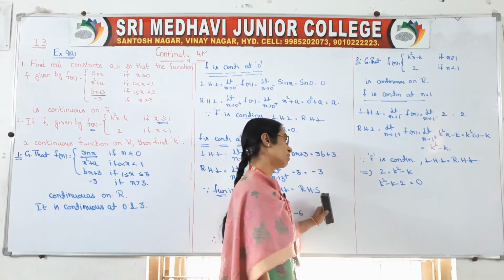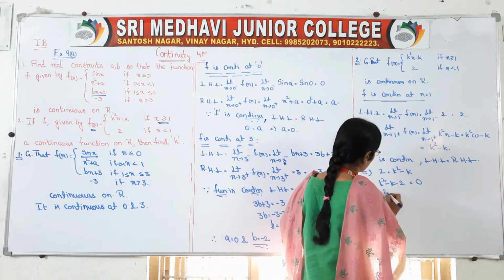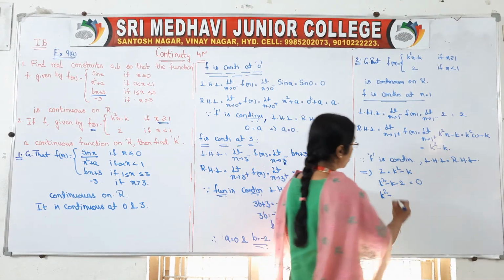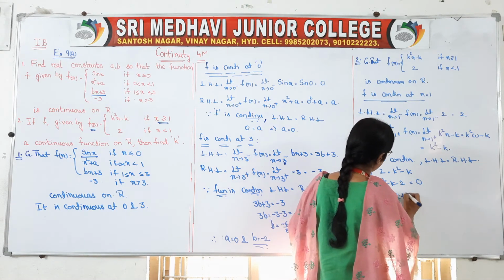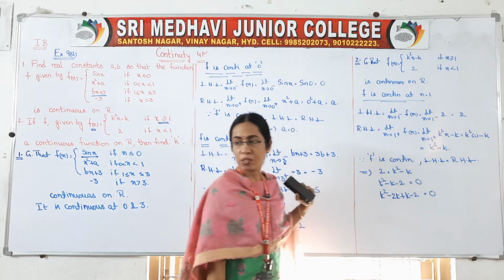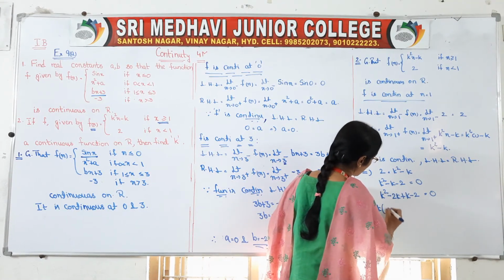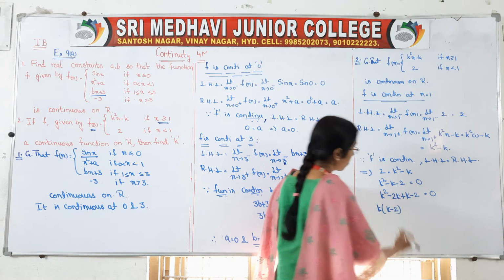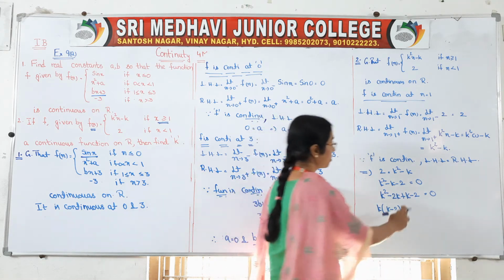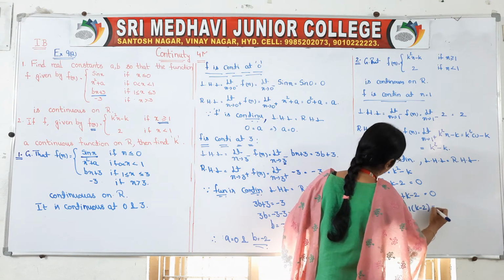Now take the factors. How will we take the factors here? K square, minus 2k, plus k minus 2 is equal to 0. From the first two you take k outside, it is k minus 2, and from the other two you take 1 outside, it is k minus 2.